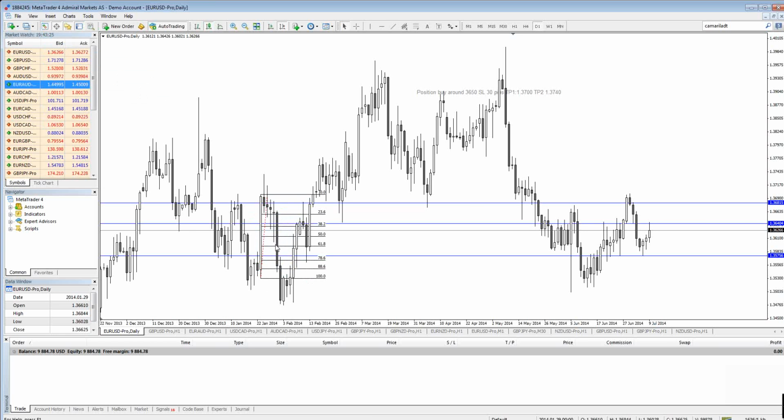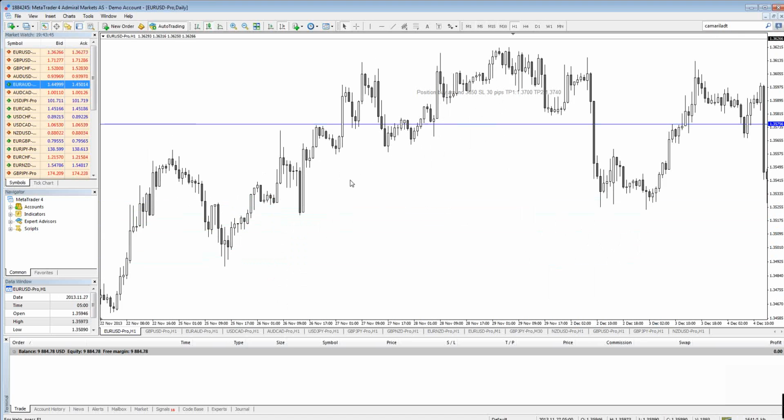Exactly at this point, very close to 61.8, the price was rejected for almost 60 pips. Oh, sorry, this is daily. I don't trade daily. I look hourly. But it's a good example. Let's get on to hourly.